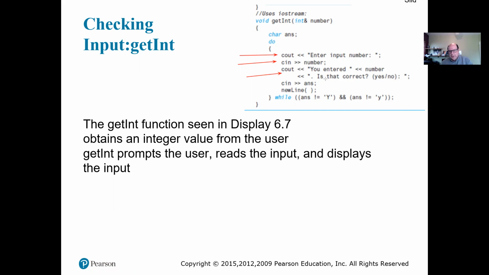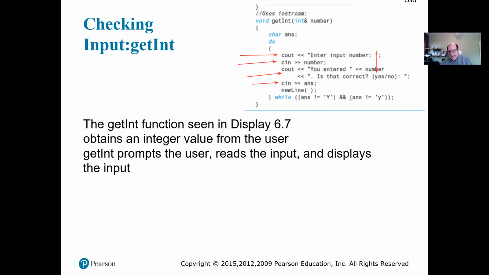Now, the way that we're going to ask is yes and no. But we are just going to be checking for character Y, either lowercase or uppercase. That means if the user types in yes, we're going to get the character, just the beginning character. And then if it's Y, we're going to stop.